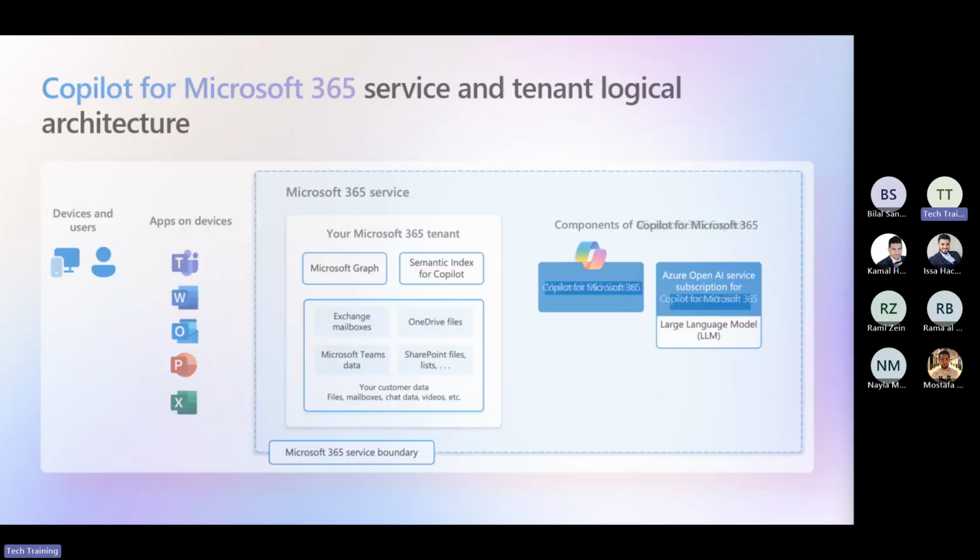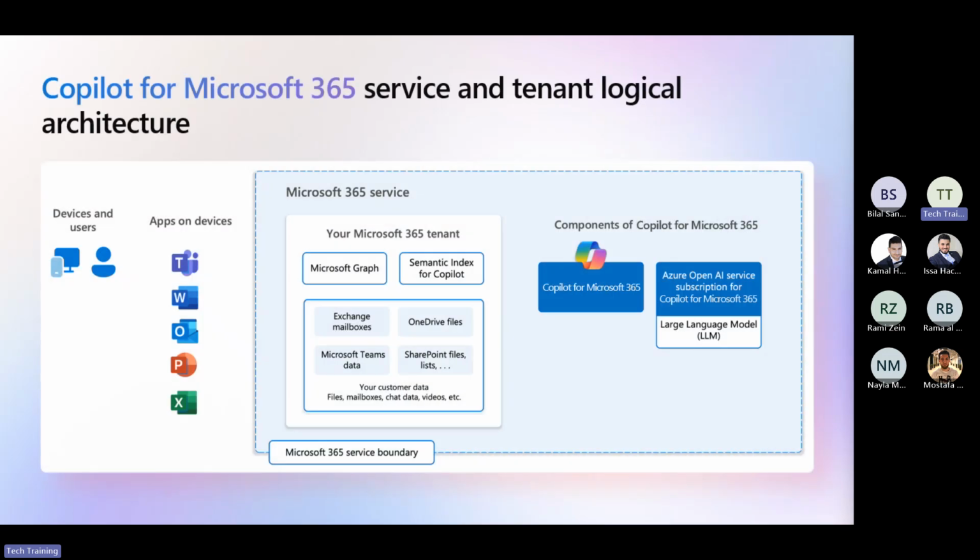So this is the step that we are going to start with: making sure that our environment is compliant and compatible. We'll see the compatibility and with which levels of Microsoft 365 I can install Copilot. It's not just installing Copilot.